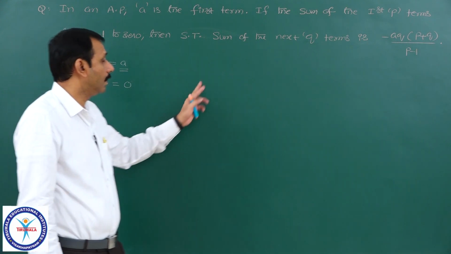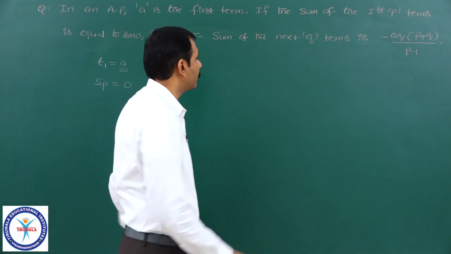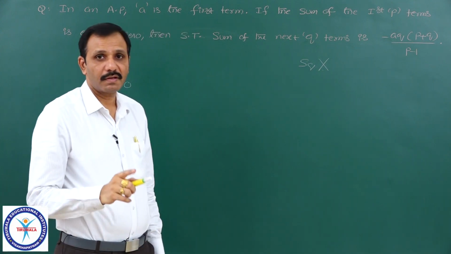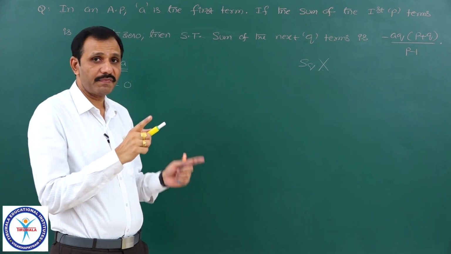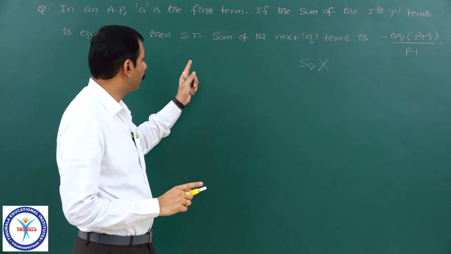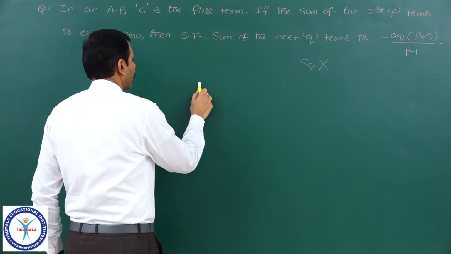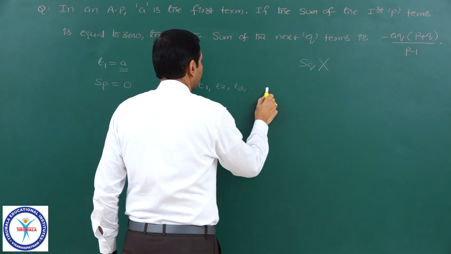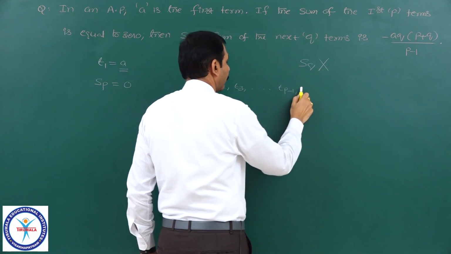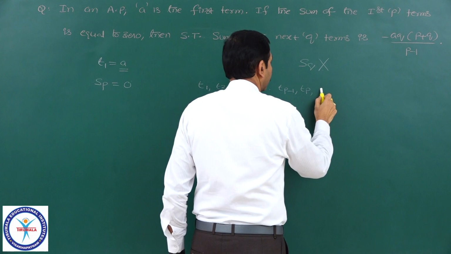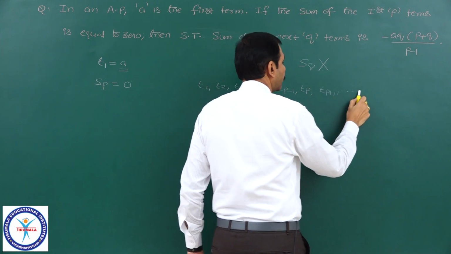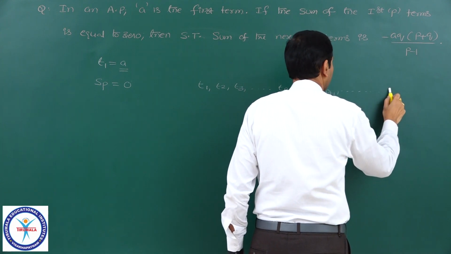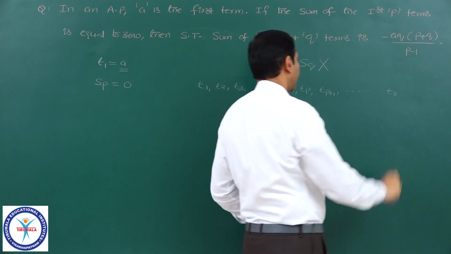Observe this. The sum of the next q terms means it is not Sq. What is Sq? Sq is the sum of the first q terms, that is the notation. We will see what the meaning is. See, if I take here T1, T2, T3 and so on, Tp minus 1, Tp, Tp plus 1 and so on, some terms are there, and I will take some Tr here.